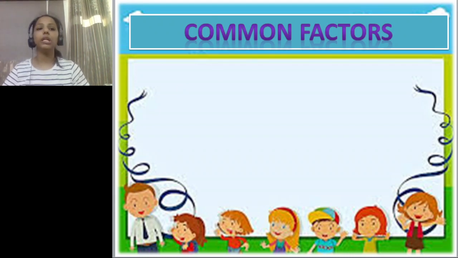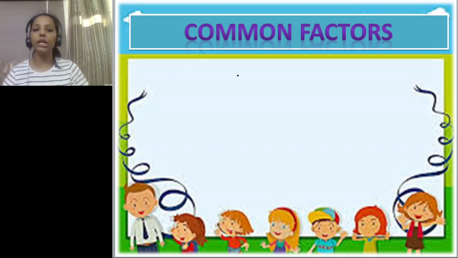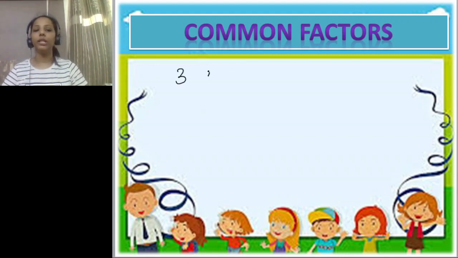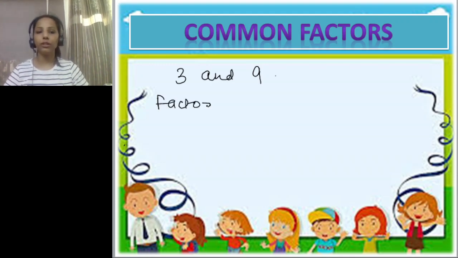So what do you think common factors are? If we have two numbers, say 3 and 9, and we need to find the common factors for 3 and 9, first we'll find the factors of 3. Factors of 3 are 1, 3.